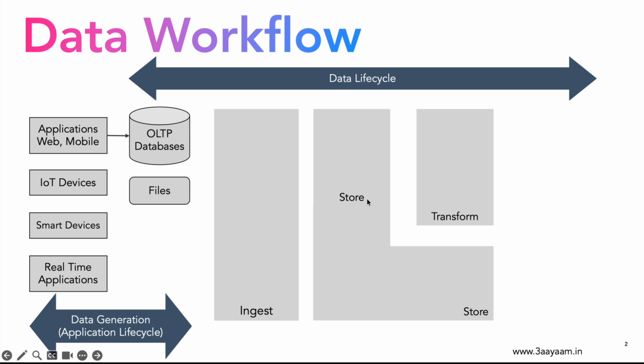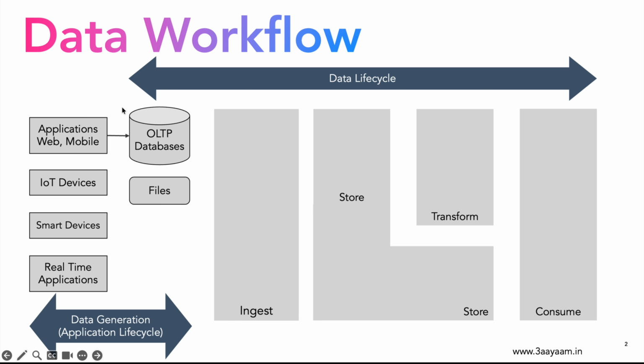The first storage layer would cater to the ingestion functionality of the data pipeline or the data lifecycle, and the second storage layer will cater to the data which is processed by the transformation layer or the processing layer. Now, after that, we need to consume the data, and there are multiple consumption applications like reporting tools, ad hoc applications, etc. Any which ways, these are the different stages of the data lifecycle.